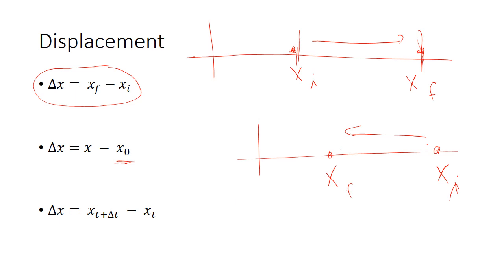And at some time in the future, you are at x. So you started here at some time, you ended there at some later time. The difference in time: x naught, or your initial position, is like your x at some time t. Your final position x is at x at some time t plus delta t. So these are three different ways of writing displacement right here.